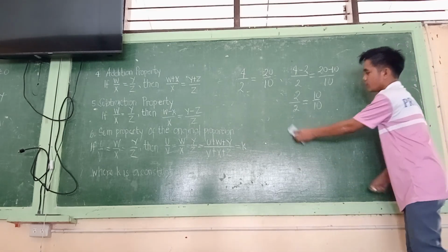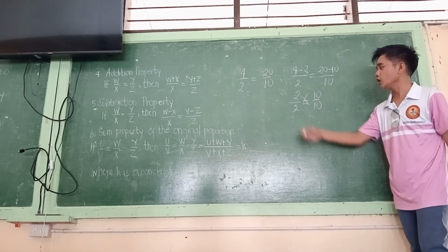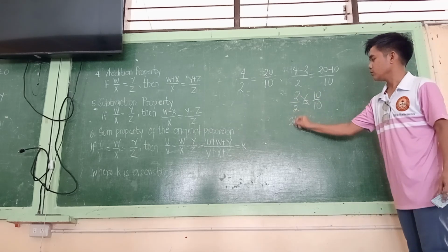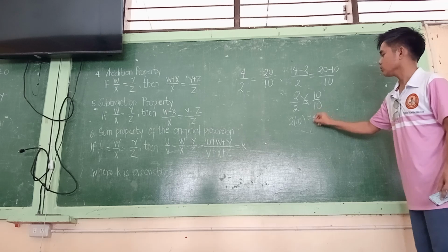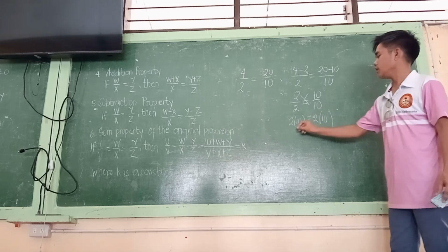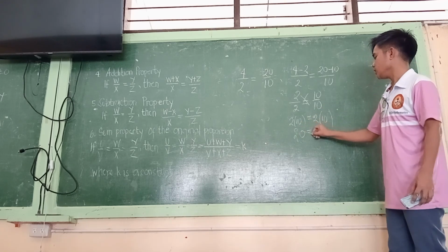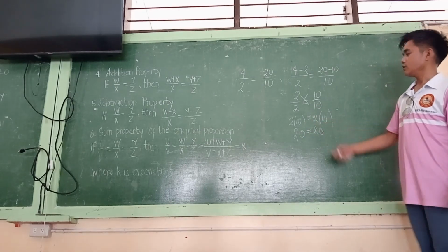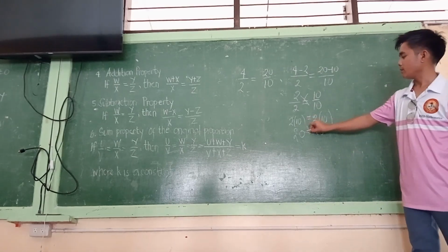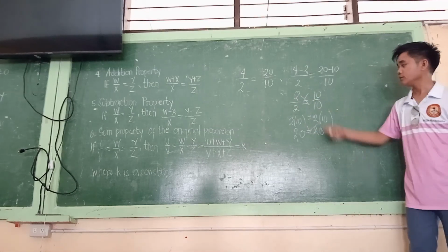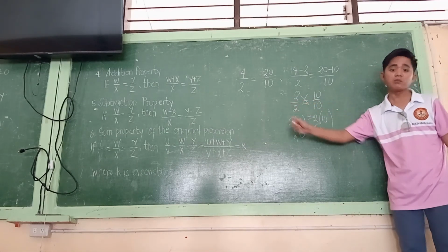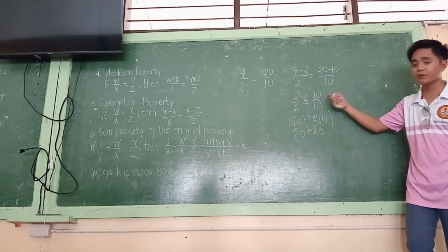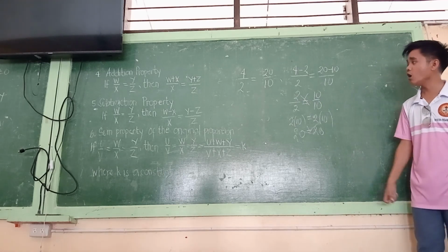Okay, atong gamit ang cross multiplication property. 2 times 10 is equal to 2 times 10. So we have 20 is equal to 20. The same. Pwede ka mag-simplify, like 2 divided by 2, 1, 10 over 10 is also 1.